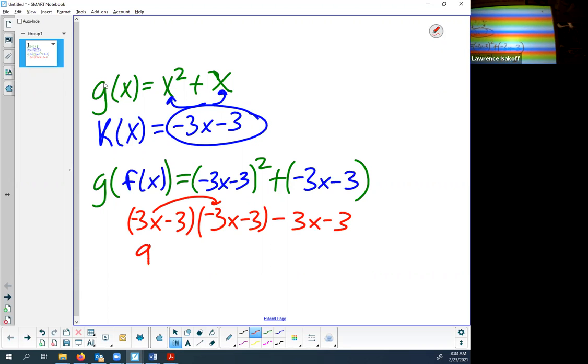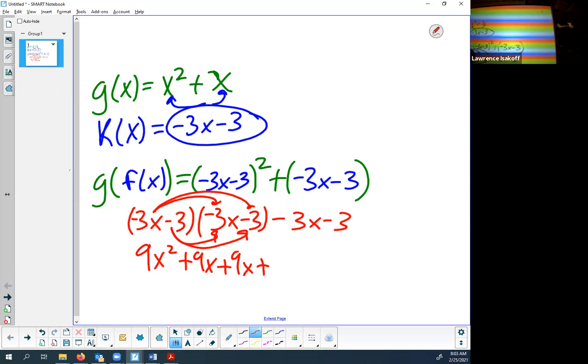So that's going to give me a 9x squared. Then that's going to be plus 9x. This here is going to be plus another 9x. And that's going to be plus 9.